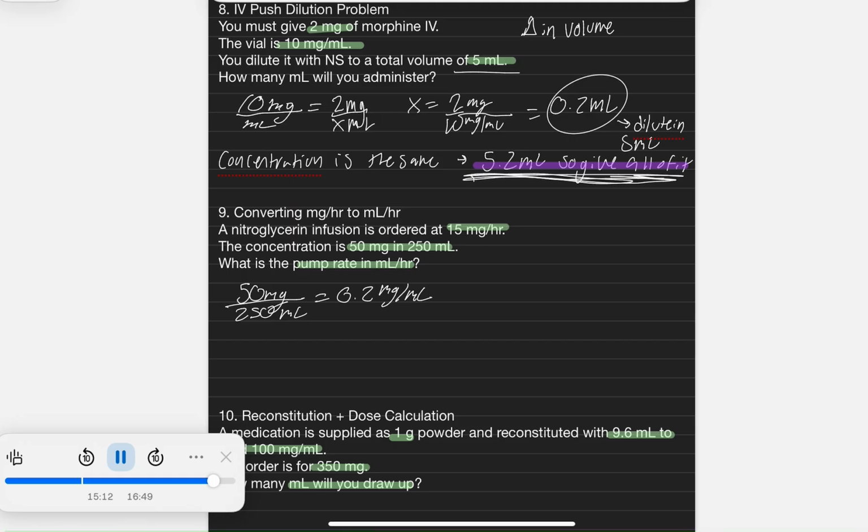After we get there, we're going to multiply those 15 milligrams an hour times 1 ml over 0.2 milligrams. Because remember, in 1 ml, there's 0.2 milligrams. That's going to allow the milligrams to cancel out, so we're left with mLs on top and hours at the bottom. And when you're multiplying across, it's going to give you 75 mLs per hour. So that's your final answer.